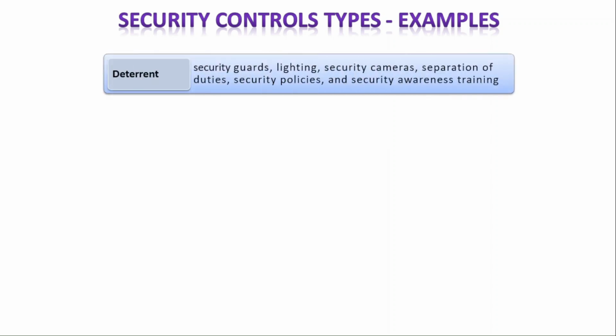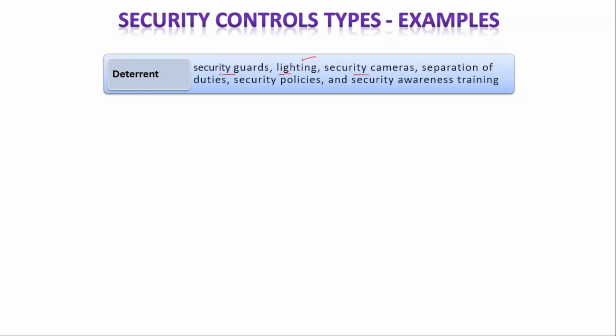So let's now explore a few examples of these different types of security control. In deterrent, we can have security guards, lighting, security cameras. As you will notice, these controls basically fall in multiple types of security controls, such as lighting can be deterrent as well as detective.